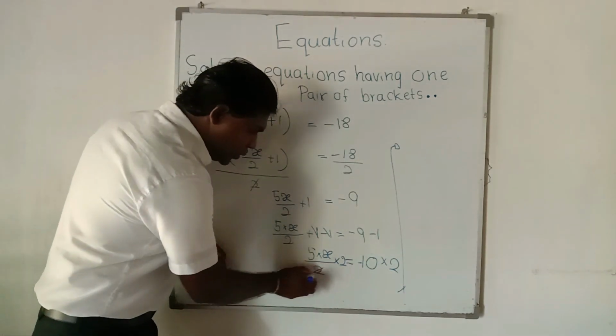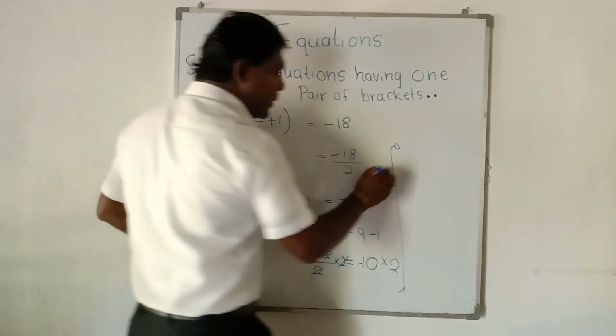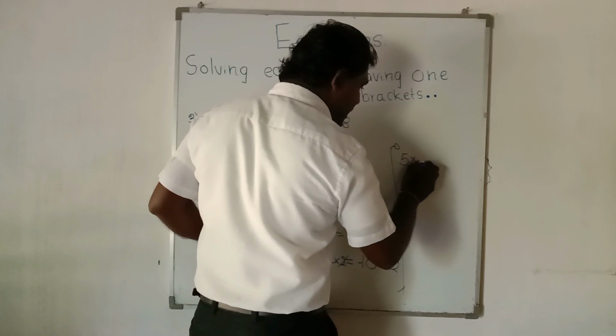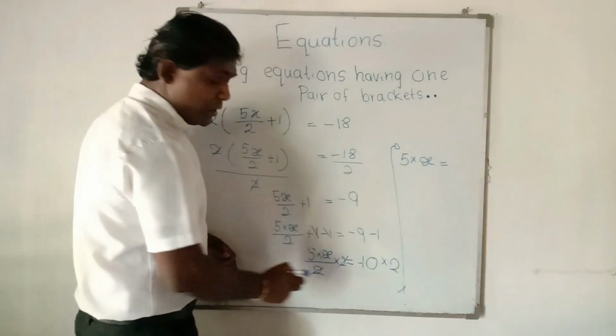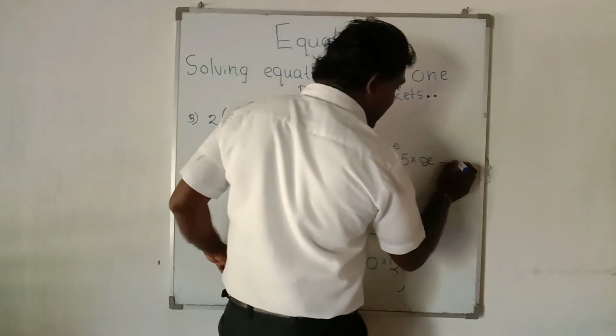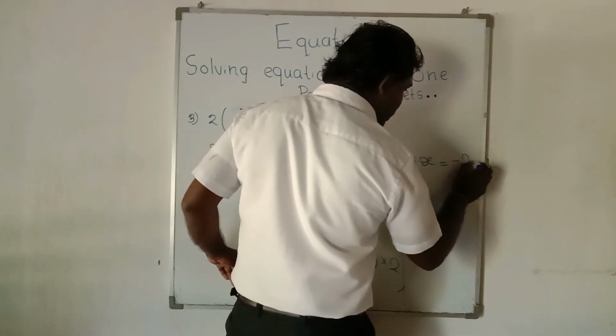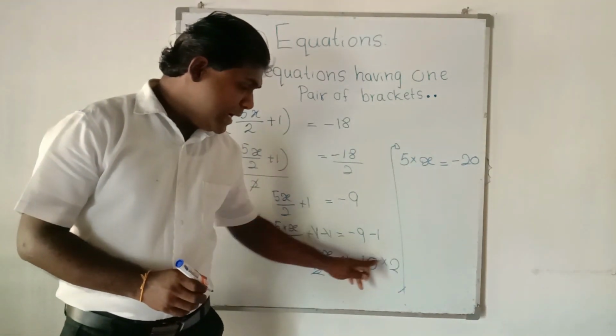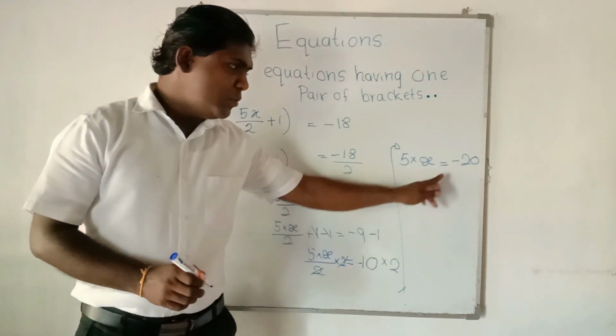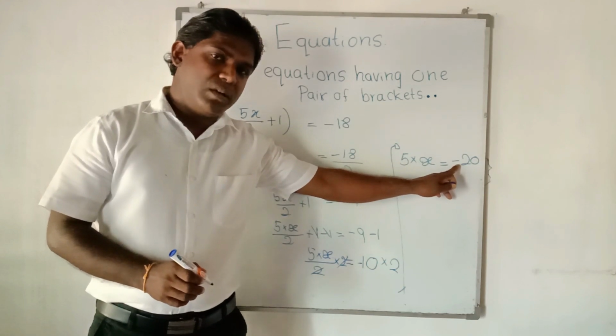These two cancel. 5 multiply x remains here. Minus 10 multiply 2: minus times plus is minus, 10 multiply 2 is 20. When we multiply different signs, the answer sign is also minus.